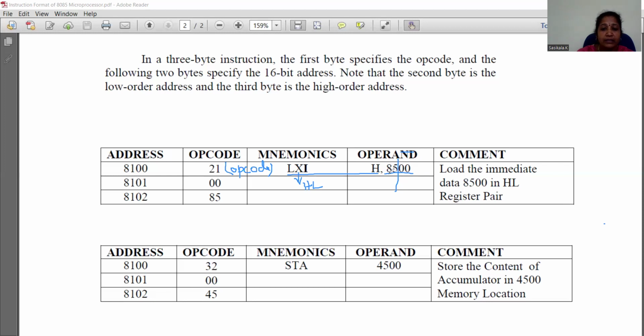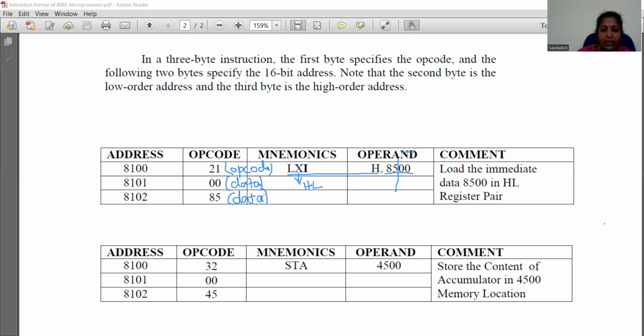While we write in the opcode list, first we have to write the lower order byte and then the higher order byte. So for LXI H, the opcode is 21 and next comes the data, that is our lower order byte 00, and the higher order byte is 85.